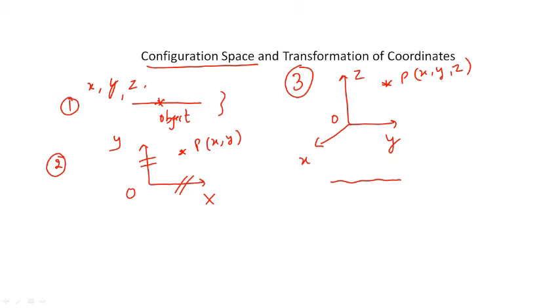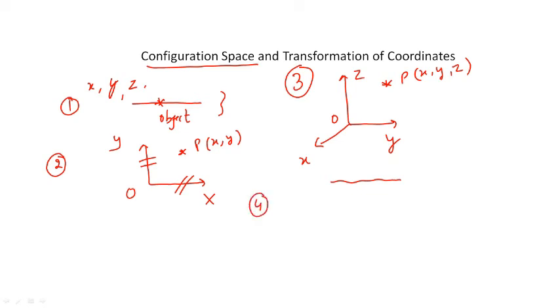Said another way, if a point has the Cartesian coordinates x, y and z, then to specify the position of this particle you will require three coordinate axes.